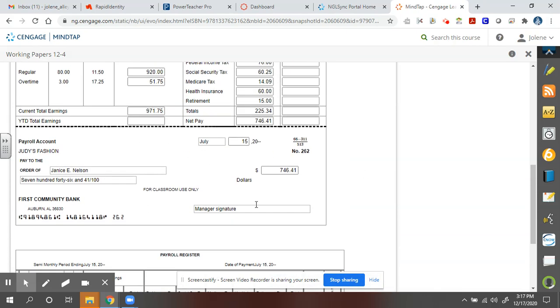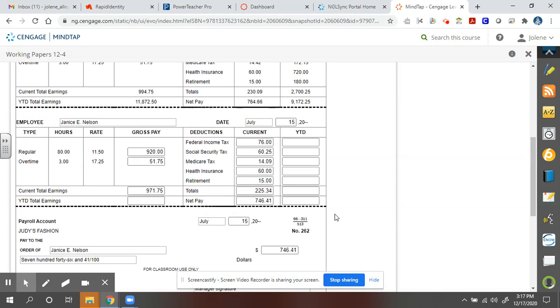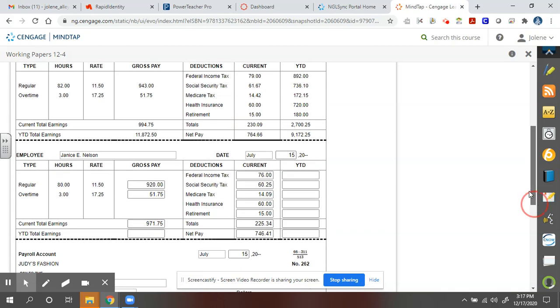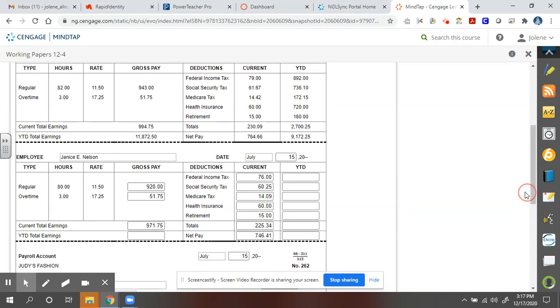We are done with her check, but she needs her check stub completed. Okay. So we got to do these year-to-dates. So her year-to-date for gross pay is 11,872.50 plus her new check.